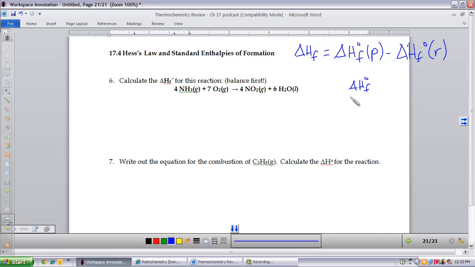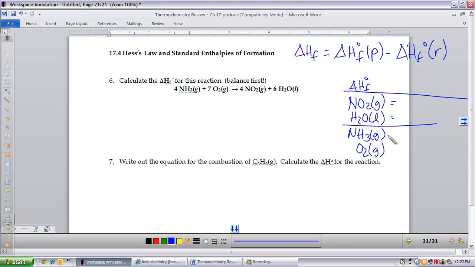So when you look at your table, here are your standard enthalpies of formation. I'm going to start with my products because I know that I'm going to be using those first. So I have nitrogen dioxide as a gas. You do need to look at the phase. Liquid water. Then I'm going to use my reactants here, and this is ammonia gas, and oxygen.